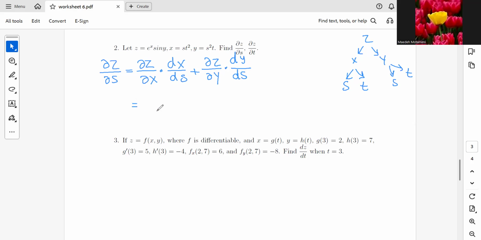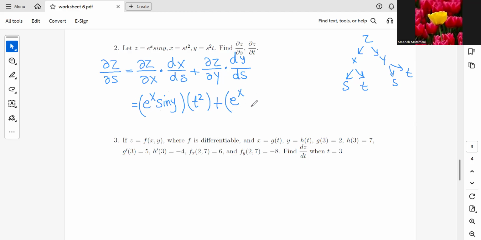And it will be, for the first part, the partial derivative of z with respect to x. The derivative of e to x is itself times sine of y. Dx ds will be just t squared, plus the partial derivative of z with respect to y.